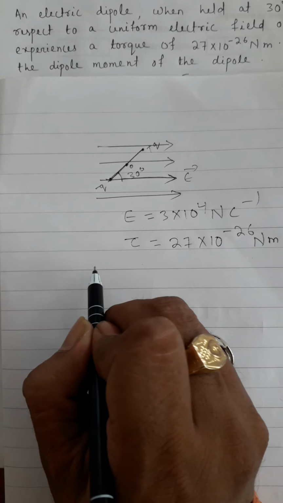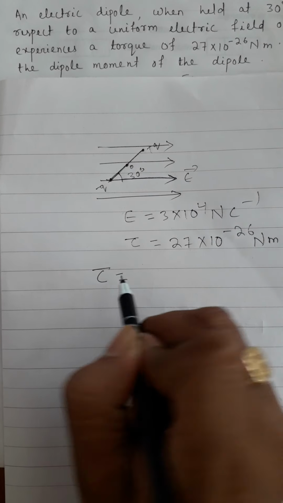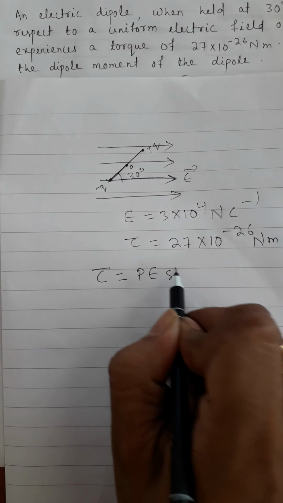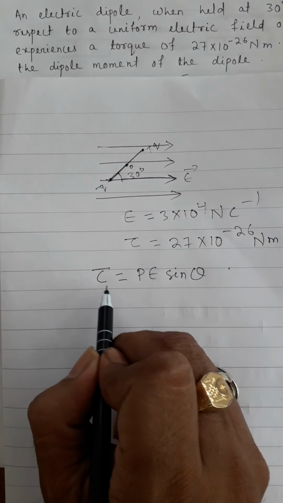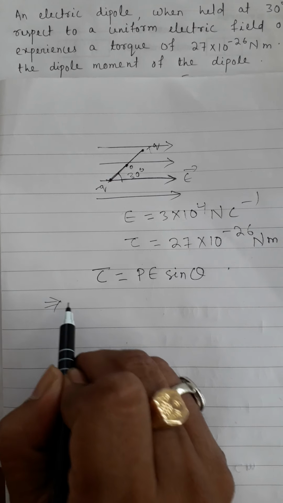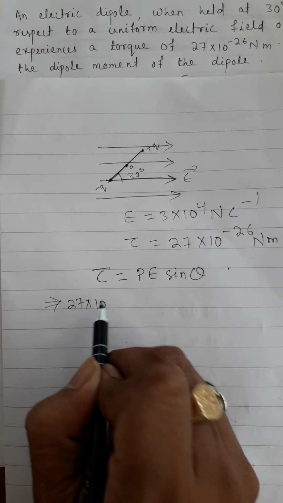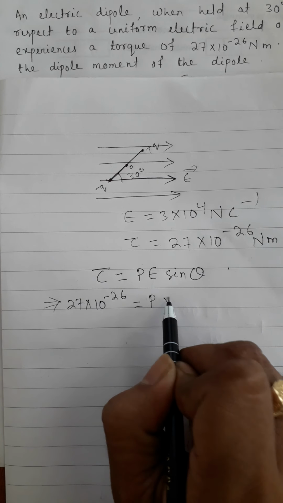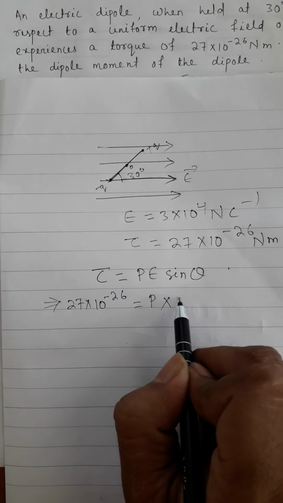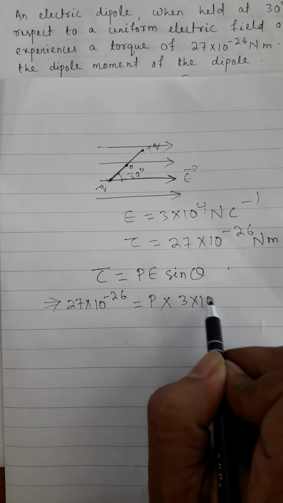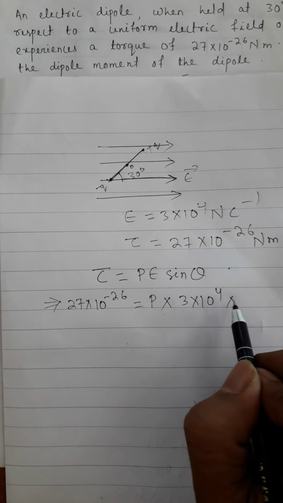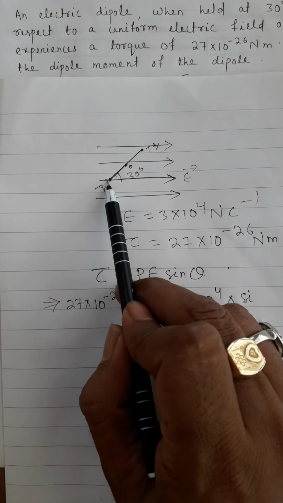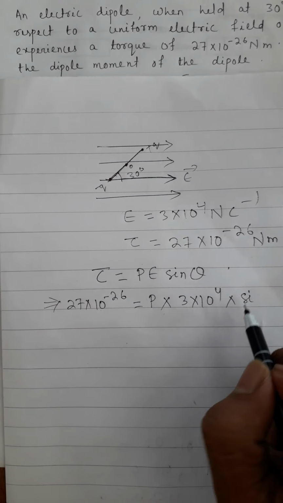So we know tau is equal to PE sin theta, and tau is given, that is 27 into 10 to the power minus 26 is equal to P into E. E is given also, that is 3 into 10 to the power 4 into sin theta, and theta is the angle between this electric dipole and electric field, that is 30 degree.